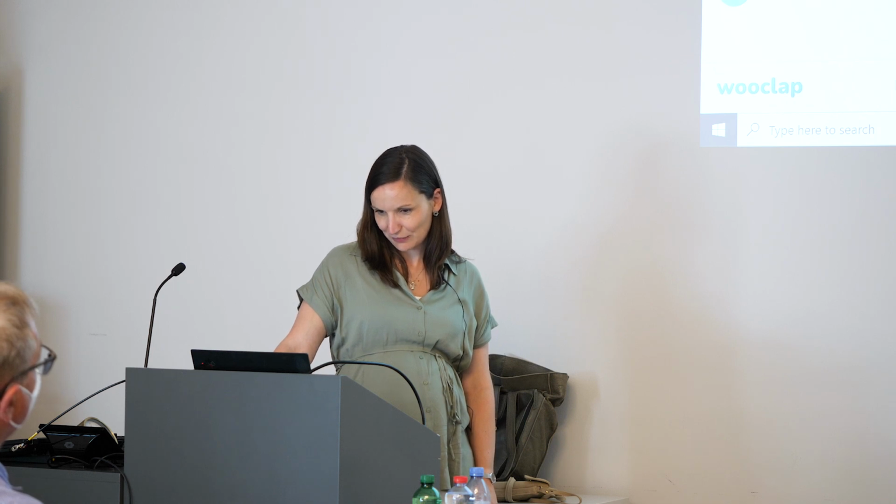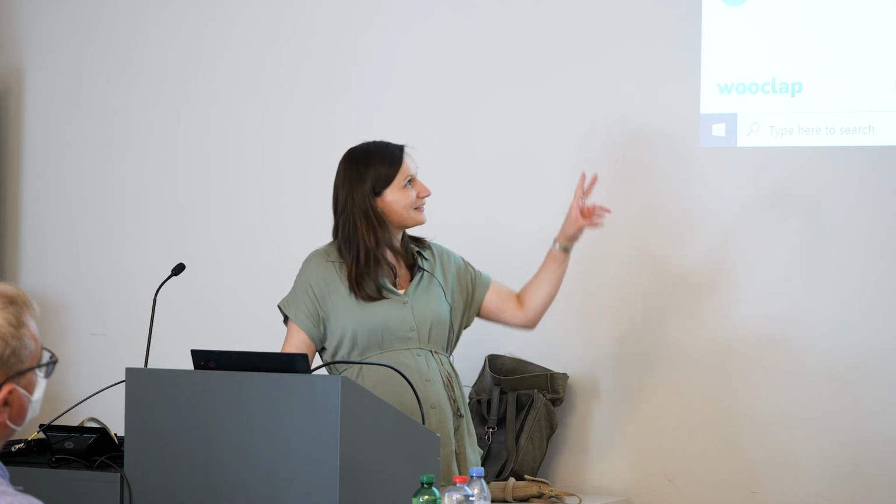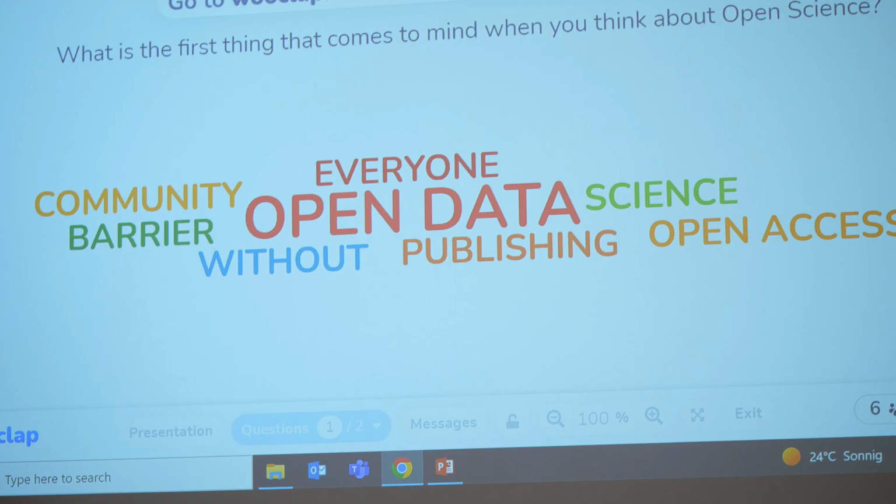Open data. Everyone without barrier. That's probably one expression that is split up in the cloud. And publishing, yes. So definitely all topics that we consider as part of our open science tree, and that we will also address today.